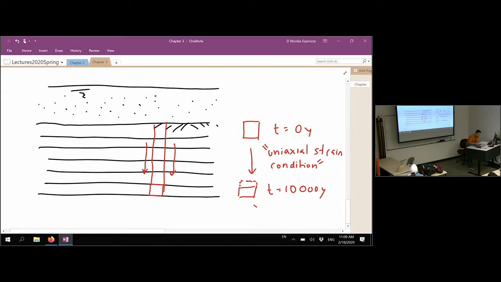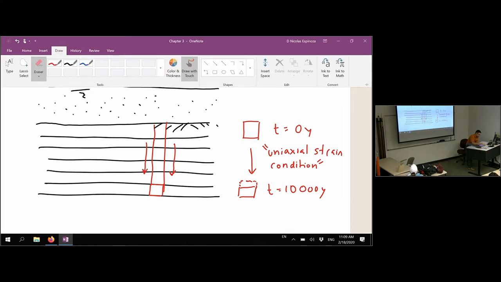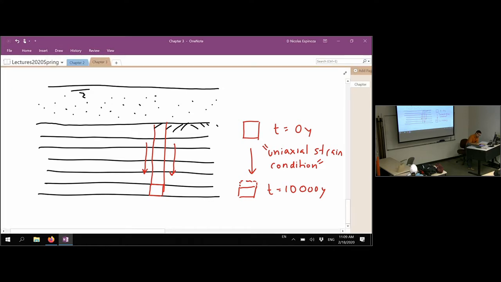Let me erase this. So here the vertical strain is going to be different than 0. The horizontal strain, we're going to see what's the meaning of this in a little bit, but they're going to be, sorry, that's going to be equal to 0.